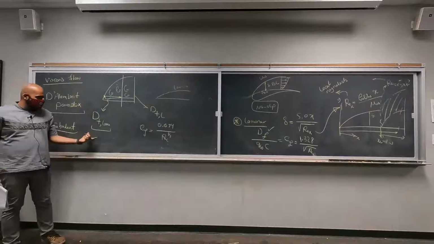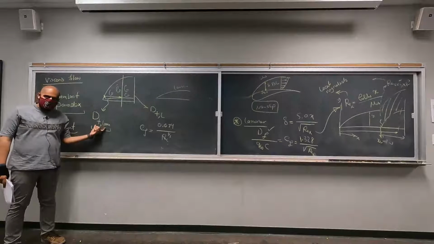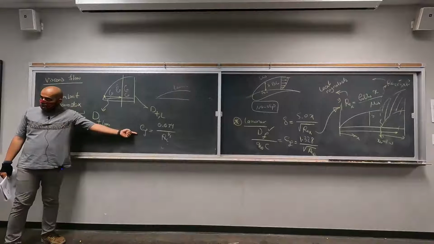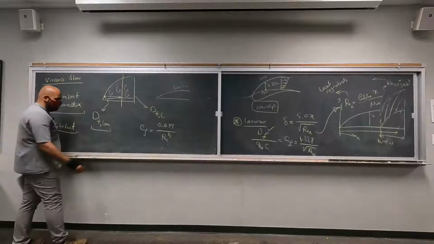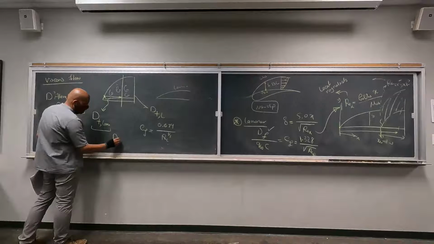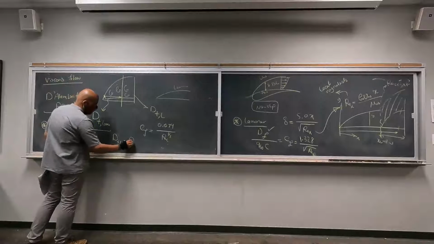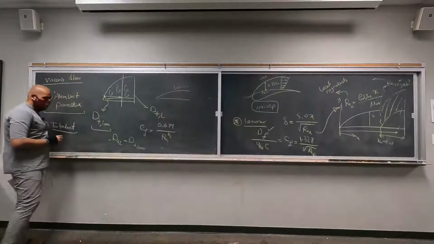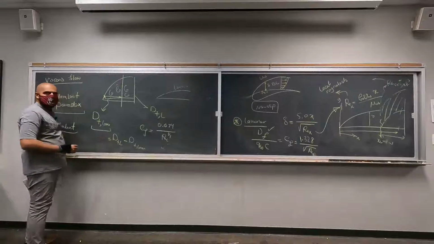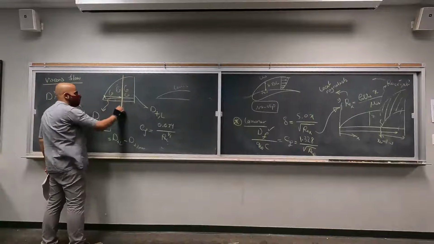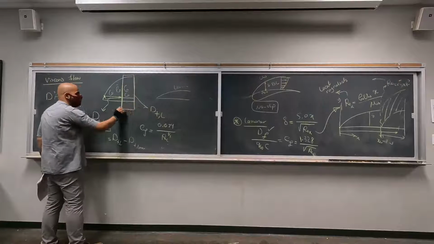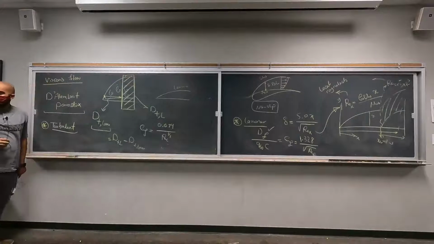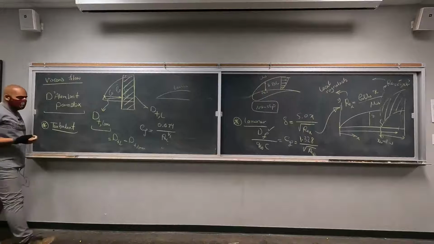Then we calculate the drag force for the laminar region, using the turbulent equation, right? And then if we subtract these two forces, the whole plate and the laminar region, the only thing that remains is the contribution of the drag force in the turbulent region. That's the only thing that remains, right? Does this make sense?